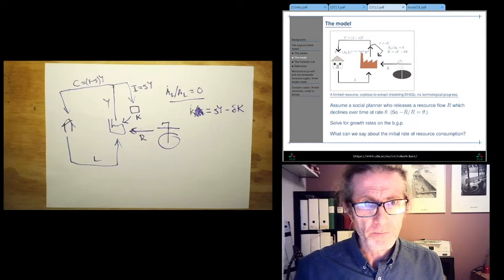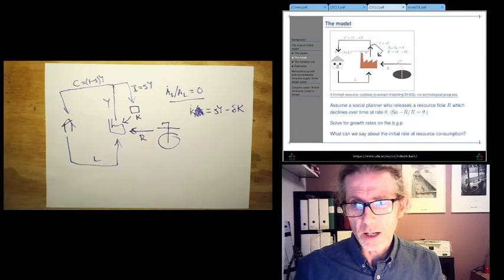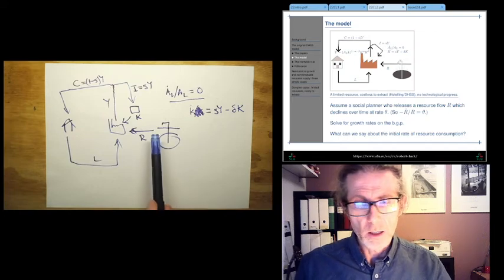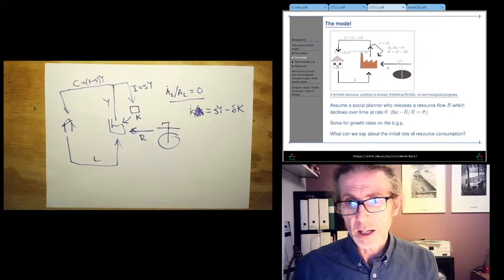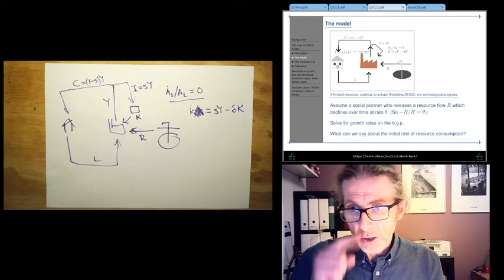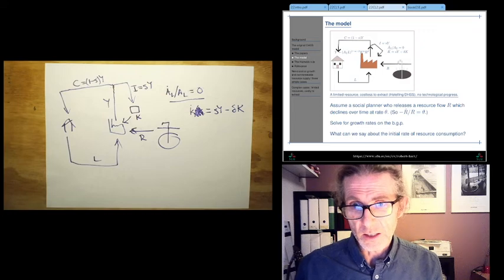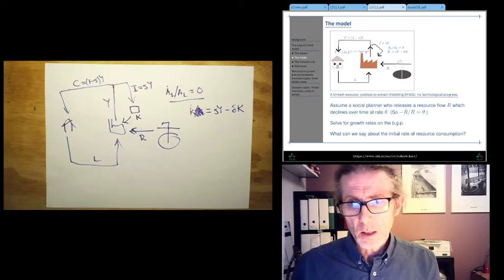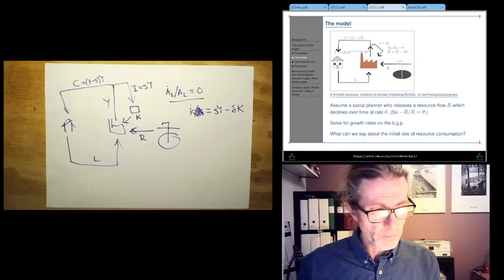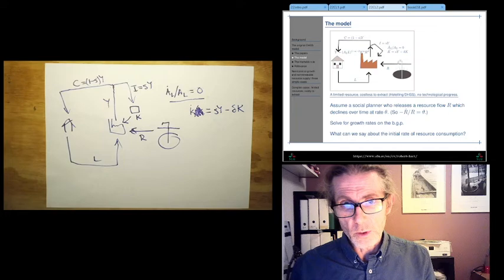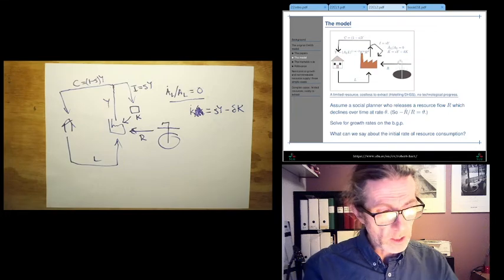Okay. Assume a social planner who releases a resource flow R which declines over time at a rate theta. So R dot over R is minus theta. Okay, solve for the growth rates on the balanced growth path. So how are we going to do that? Well, we assume there's a balanced growth path.